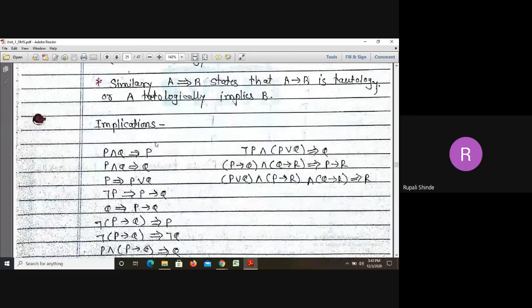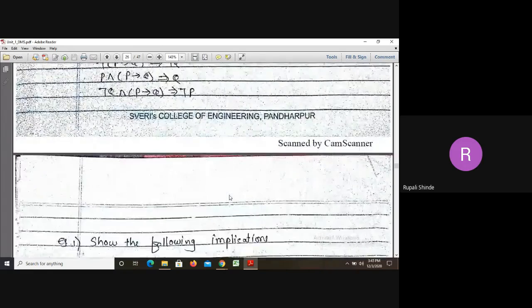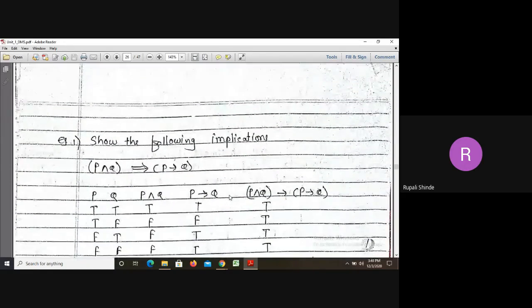So here they have given some formulas for implications. Now we have to show how we can show implications between any two formulas. The question is: show the following implication.